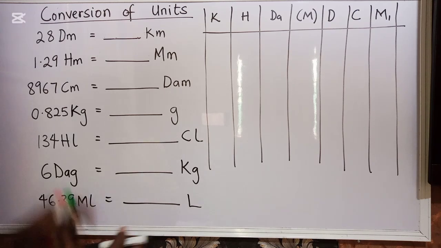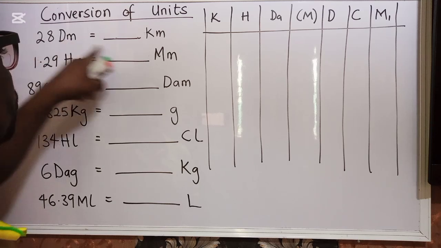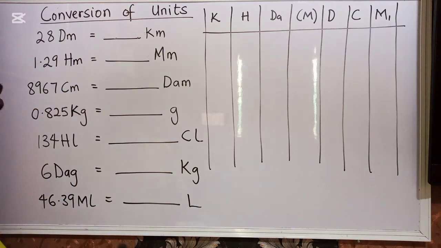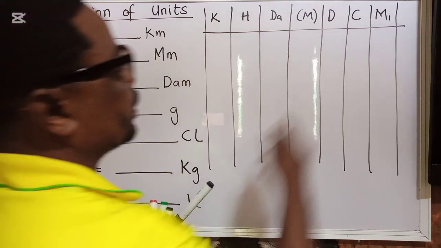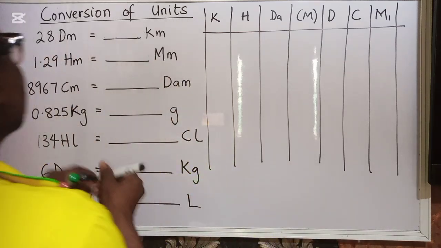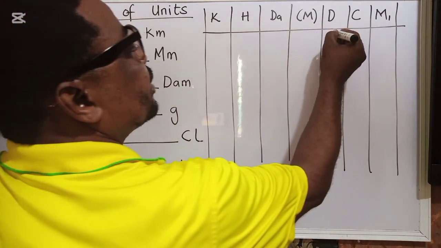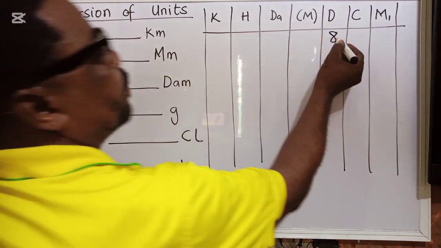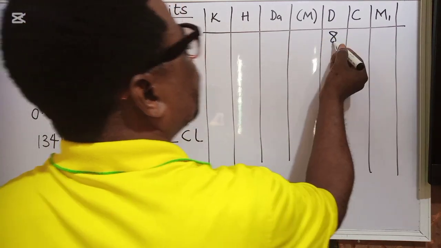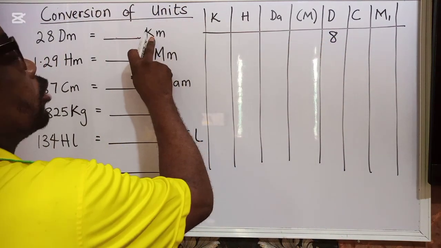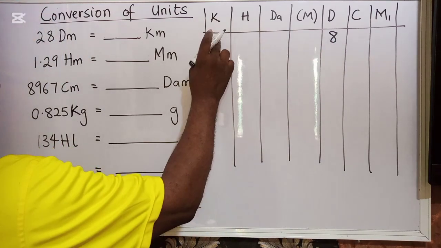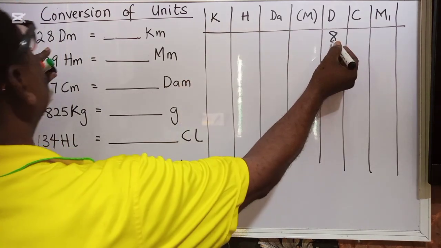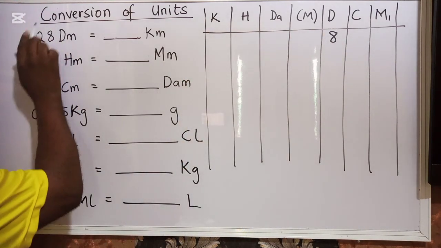So now let us move from decimeter to kilometer. Now this is decimeter here. We start with 8. Are we moving this way to kilometer or this way? We are going to kilometer, so it is this way. I have 8 here, and the next thing here is 2.